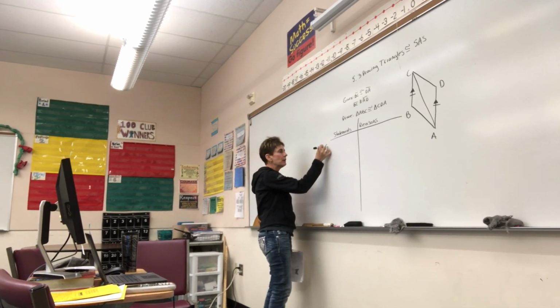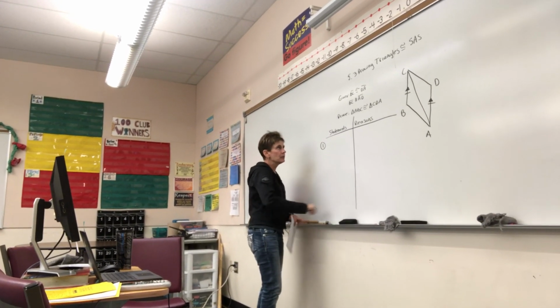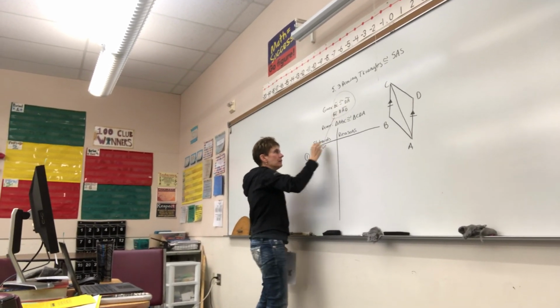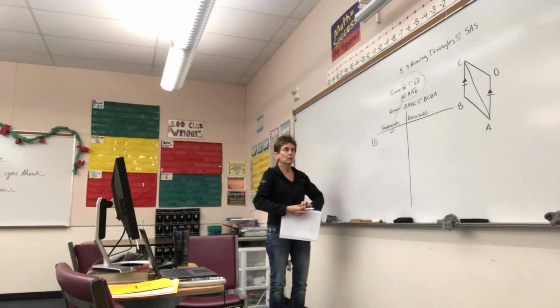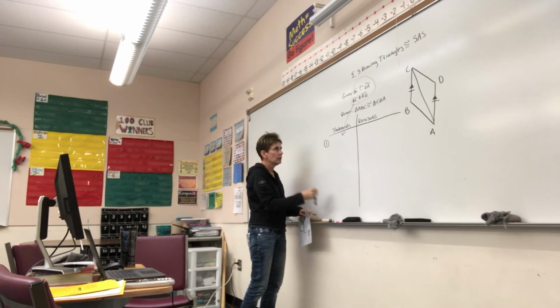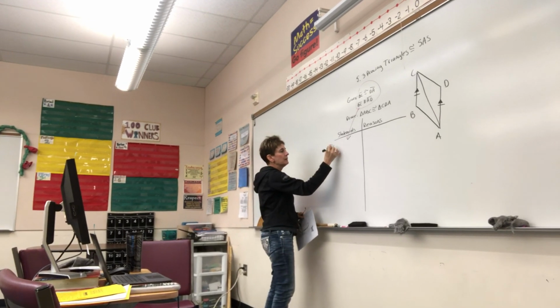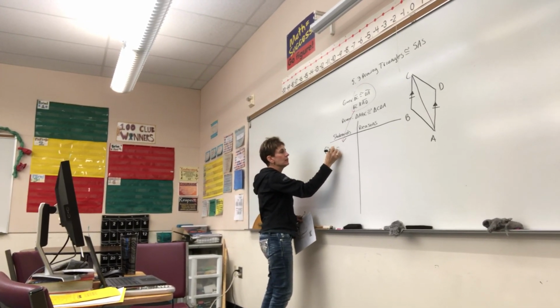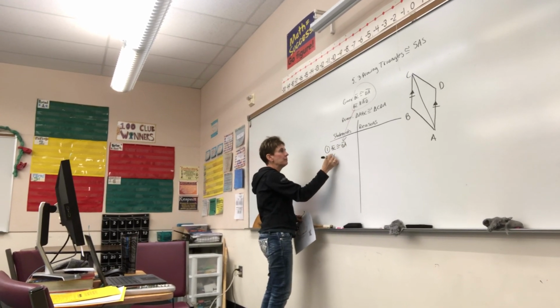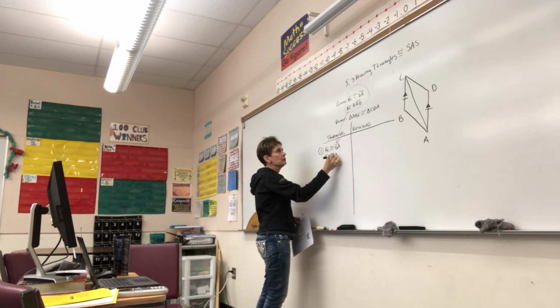Now, step 3, do you remember what step 3 is from before? Step 3 is to write whatever you've been given. So this information here that I've been given, I need to copy down into the proof. So again, we're not having to think about anything really, we're just copying information. So we're gonna write segment BC is congruent to segment DA, and then we're also gonna write that BC is parallel to AD.